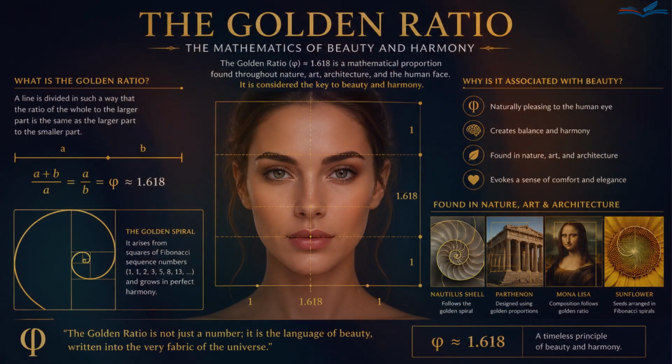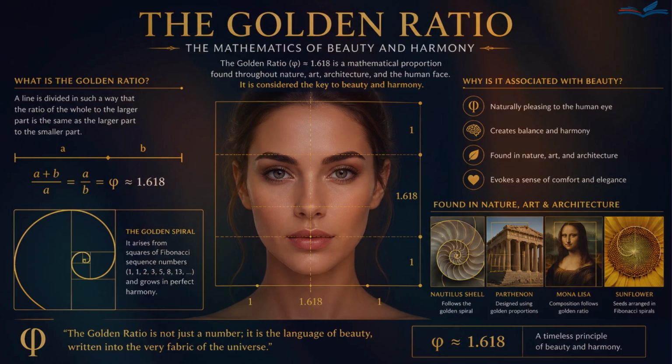The human face, universally perceived as beautiful or balanced, conforms remarkably to Fibonacci ratios. The width of the mouth compared to the width of the nose approximates 1.62. The width of the face divided by the distance between the eyes is close to 1.62.